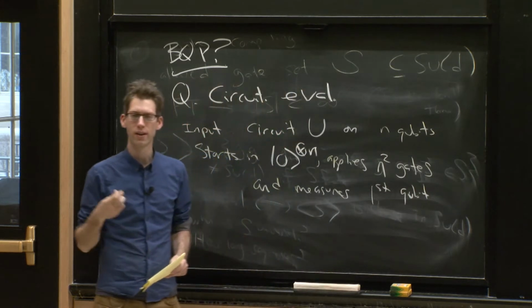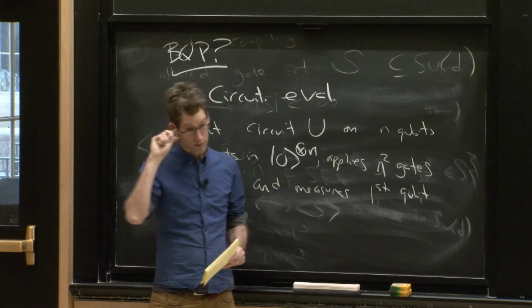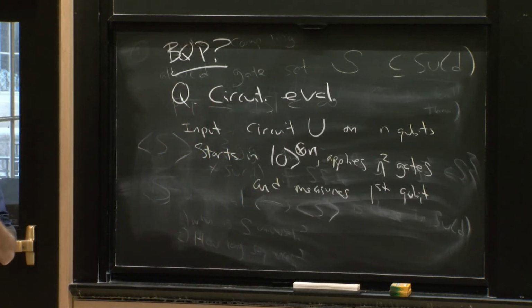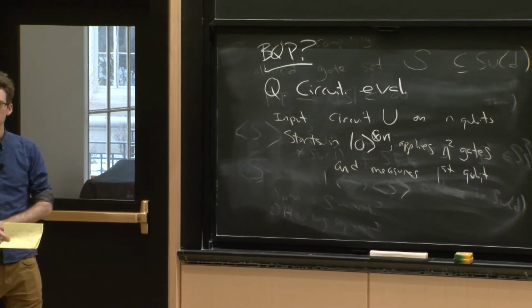At the end of those n squared gates, it measures the first qubit. So that is the format of the problem, and the particular input will specify what those n squared gates are. Okay?